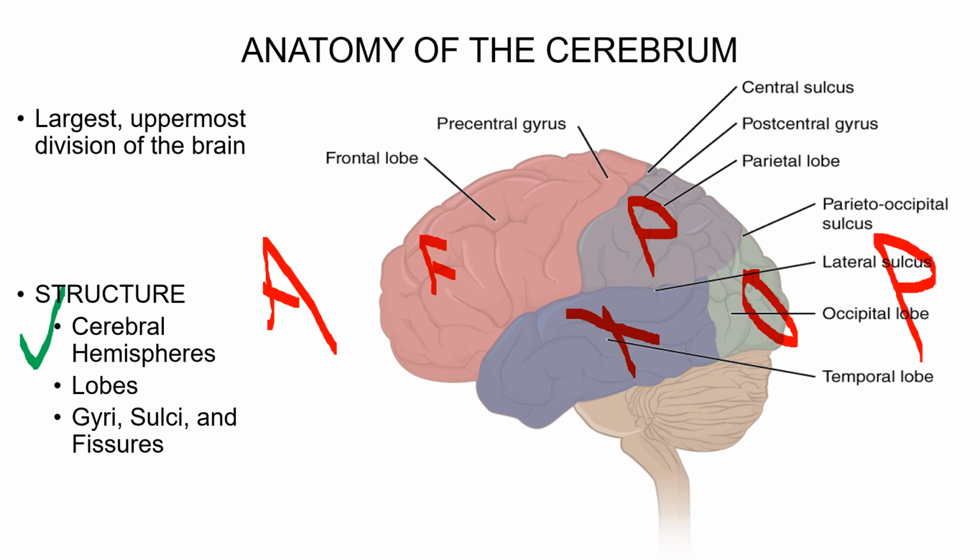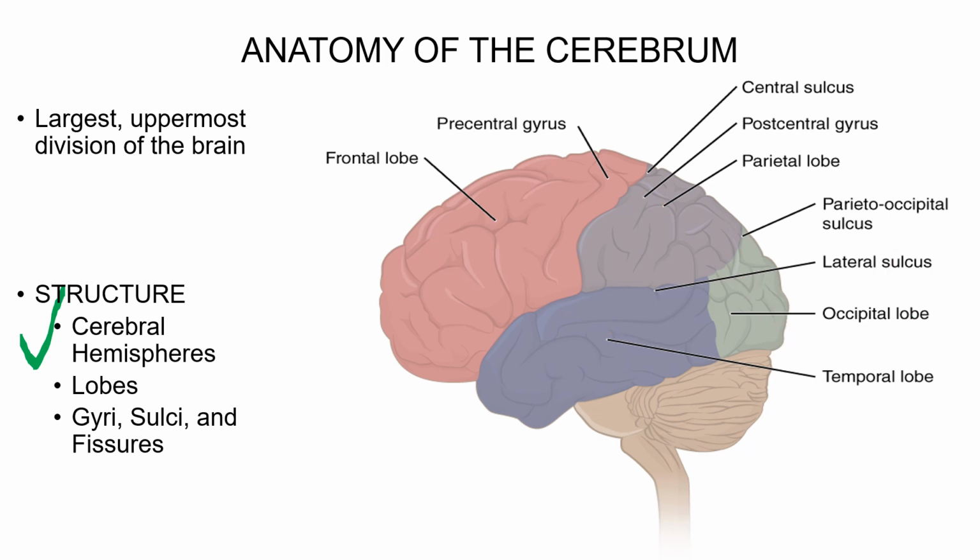We also have these cool structures called gyri, sulci, and fissures. There are multiple different ways of saying gyri, or gyrus. Singular, it's called a gyrus, and you can see the spelling up here on top, underlined in red. A gyrus is one of what they call convolutions, or what I call worm-looking things.